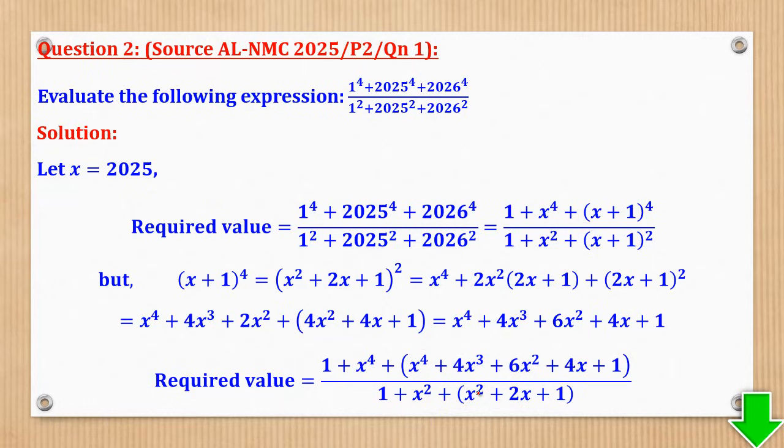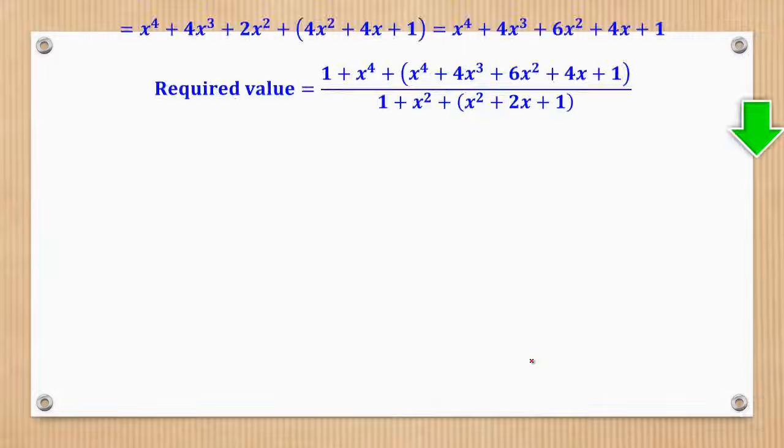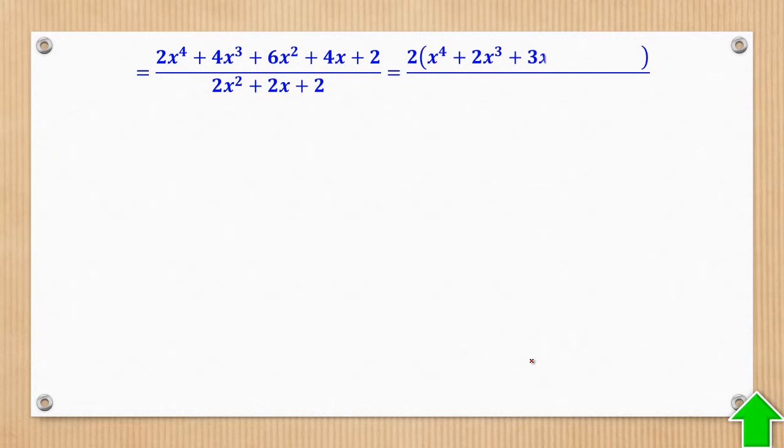Then I will see if some terms can be collected. You realize that there is 2, 1, 1 here. There is x power 4, x power 4 there. Here even down there is this and this. There is also this and this. So I can collect like terms. When I collect like terms, I come up with this.